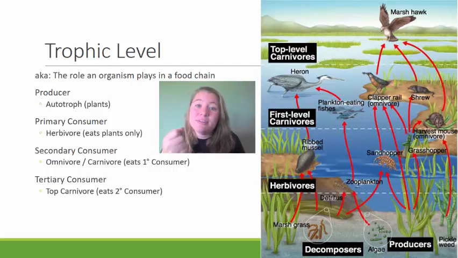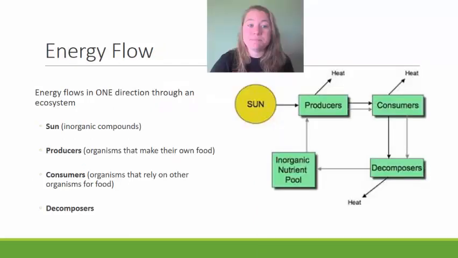But if that same individual mouse is eating an insect, that means that that insect was eating a plant, so that puts the mouse as a secondary consumer. So just keep a mental note going that individuals do not always fall under the same exact category. It really depends on what the food chain is that you're looking at.